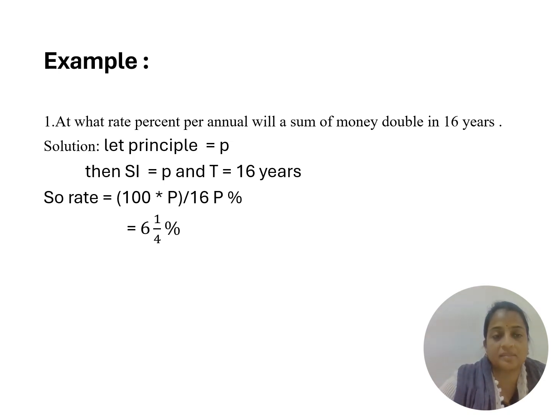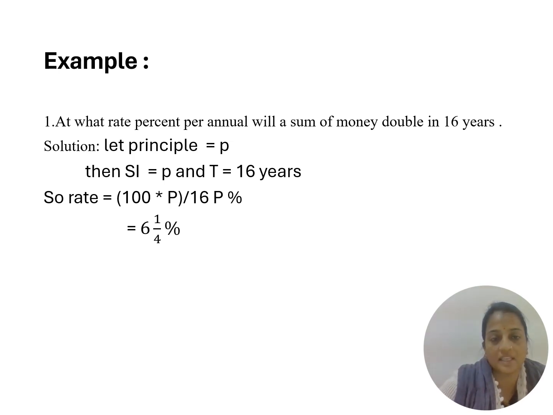So the principal amount is P, and to get double money, the simple interest is also P. Principal P plus interest P gives double money, and time is already given as 16 years.